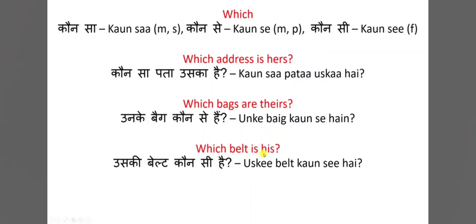Which belt is his? उसकी बेल्ट कौन सी है? उसकी is his, belt is belt, कौन सी is which, है is. उसकी is selected because belt is feminine and singular. कौन सी is selected because belt is feminine and singular.